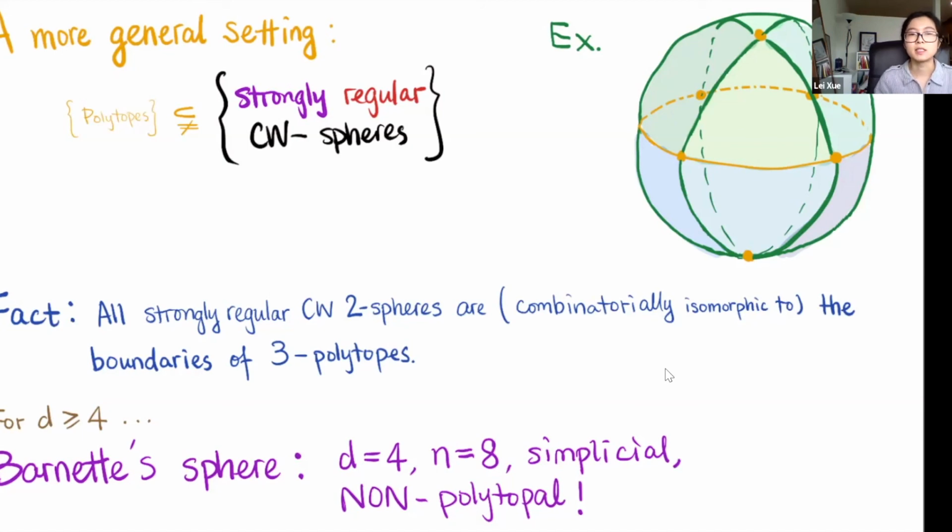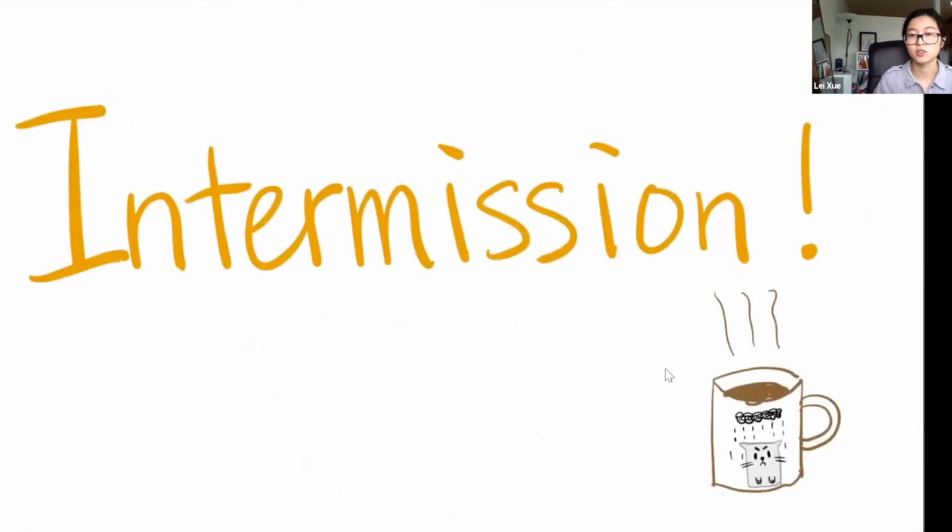And as d and n go up, there are a lot more strongly regular CW spheres than polytopes. Just too many of them. If you randomly pick a sphere from that set, it's almost impossible that the thing you picked is a polytope. And I think that's all I want to include for the pre-seminar.